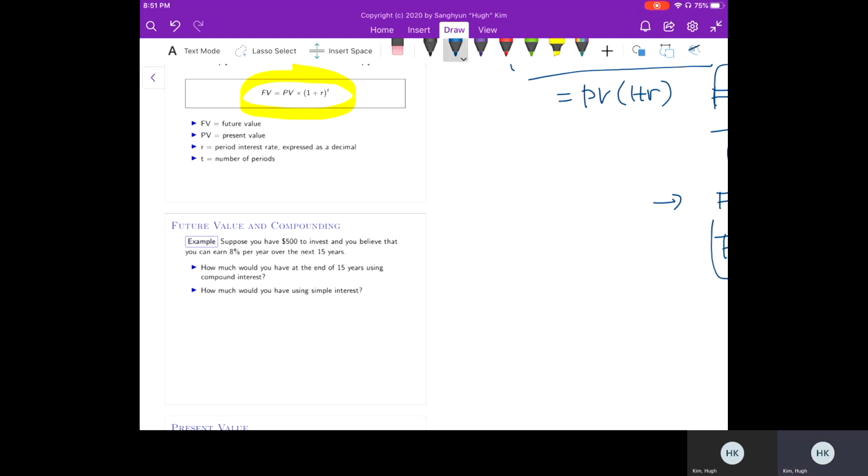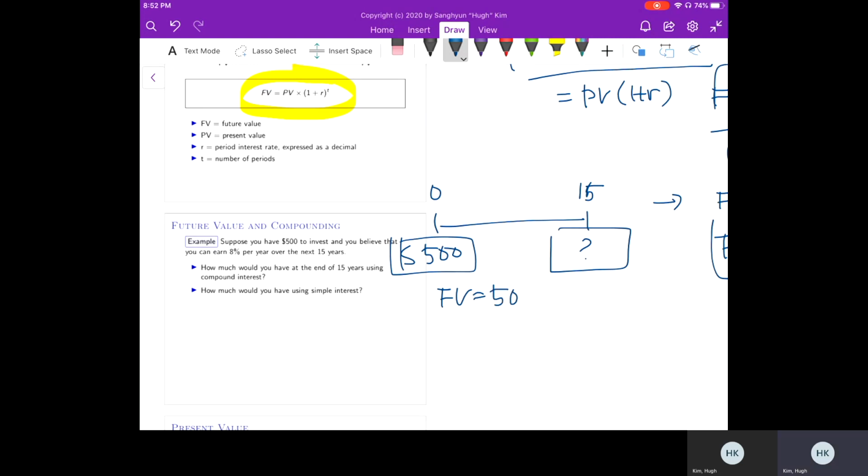Let's draw a timeline. At T0, you have $500. And at the end of 15 years, you're going to have 500 times 1 plus R, which is 0.8 raised to the power of 15.